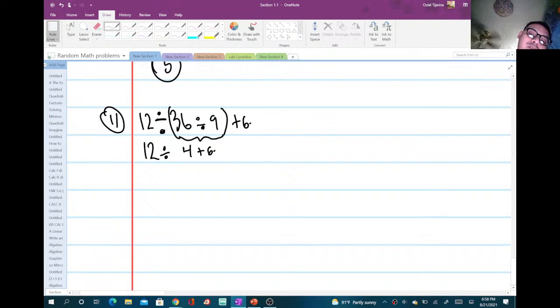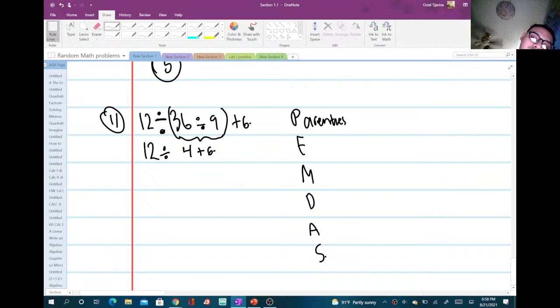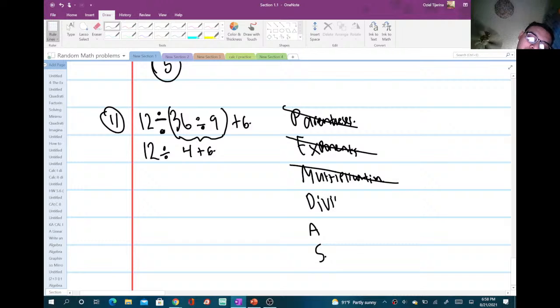So then we have, again, PEMDAS. Parentheses is done. Exponents, we don't have any exponents. Multiplication, we don't have any multiplication. If I put a check mark next to it, that means we're done with it.